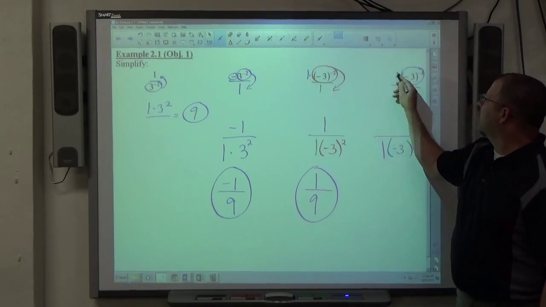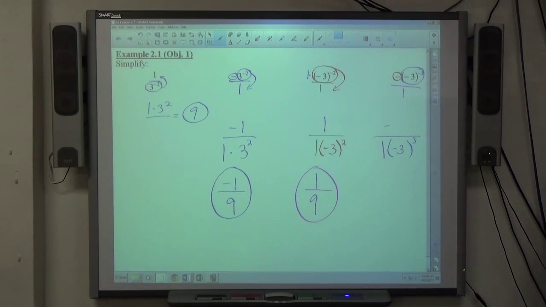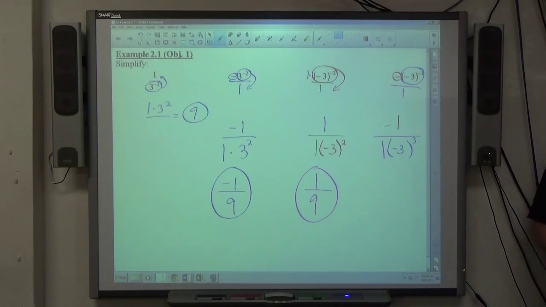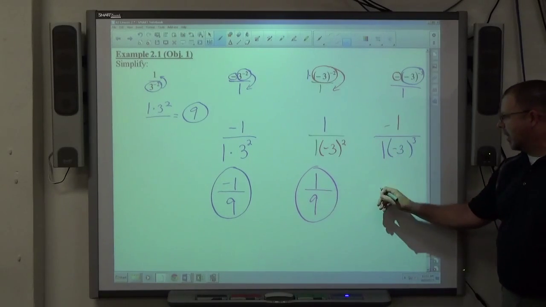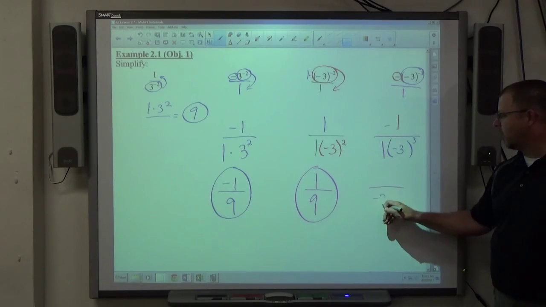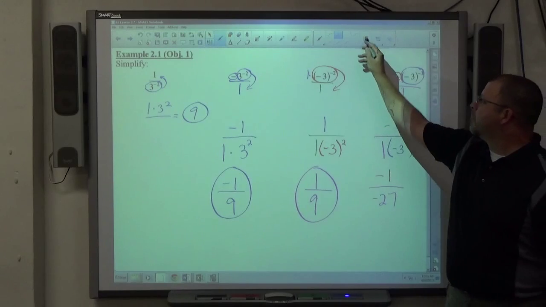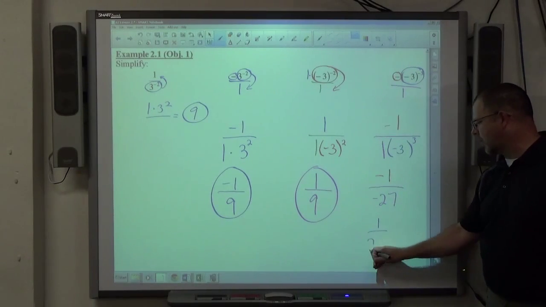The minus sign that's on top is still on top, the one that's not being raised to the power. And again, we have an empty top, so we're going to put a 1 up there to make it have something. So if we raise negative 3 to the third power, what do we get out of that? Negative 27. Very good. Negative 27 times 1 makes negative 27 on the bottom. On top we have a negative 1. So the best final answer, since we have negative over negative, is to make it a positive 1/27.